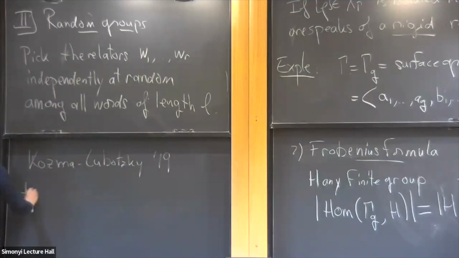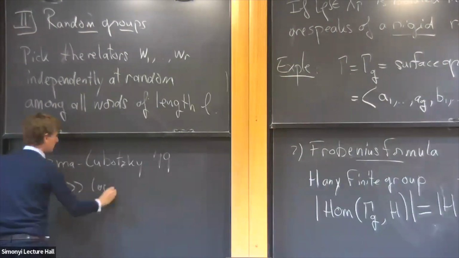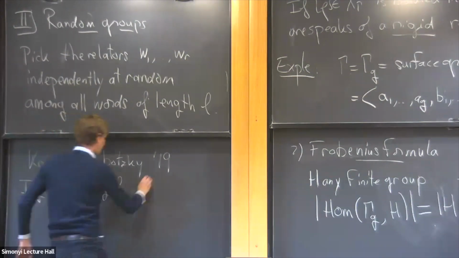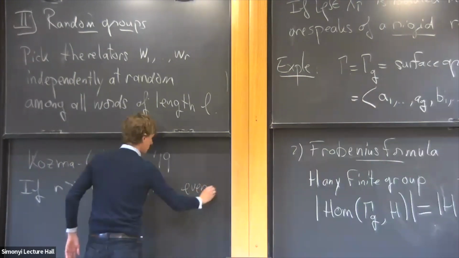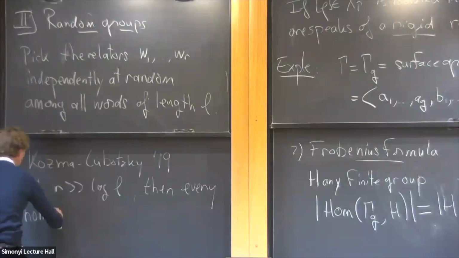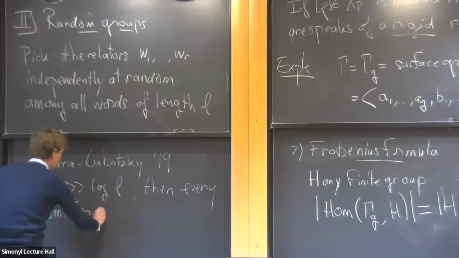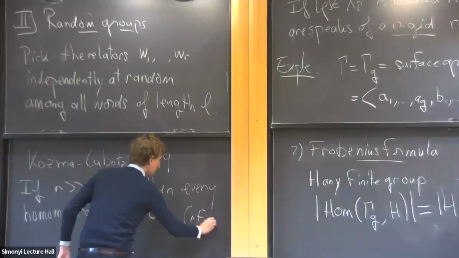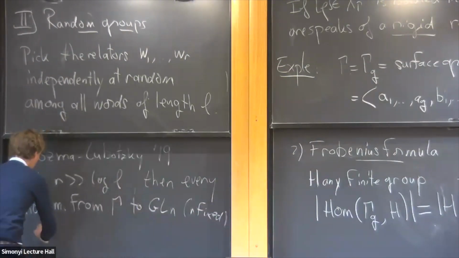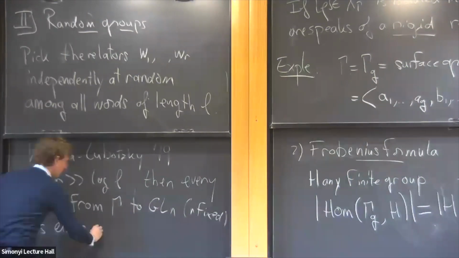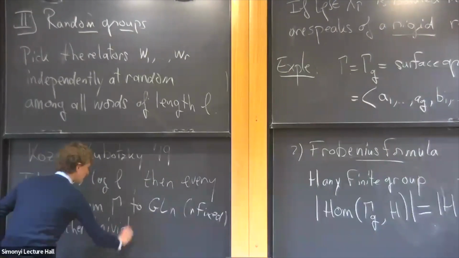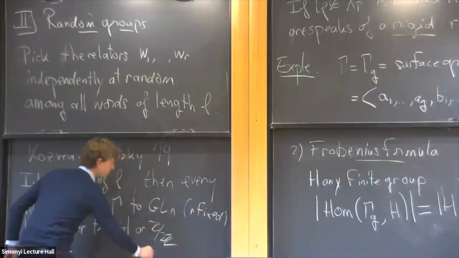They showed that if the number of relators is bigger than log L in this model, where we fix the number of generators, then in fact every homomorphism from the random group Gamma to GL_n, with n fixed, either has trivial image or Z mod 2Z image.